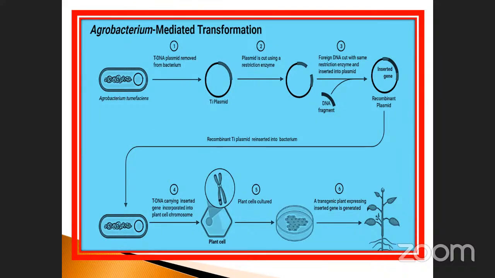Even sugarcane, rice, potato, tomato, and mango are considered transgenic plants. It's one of the biotechnology methods, or genetic engineering methodologies. This is the way to produce a new plant. So these are the important things.